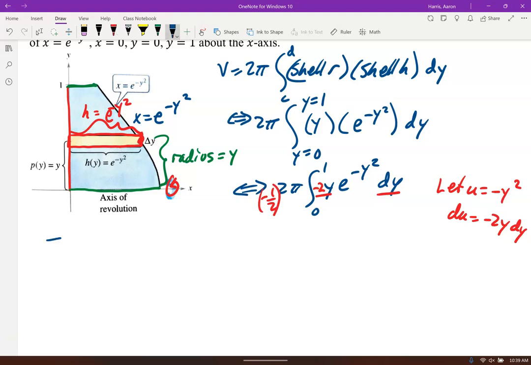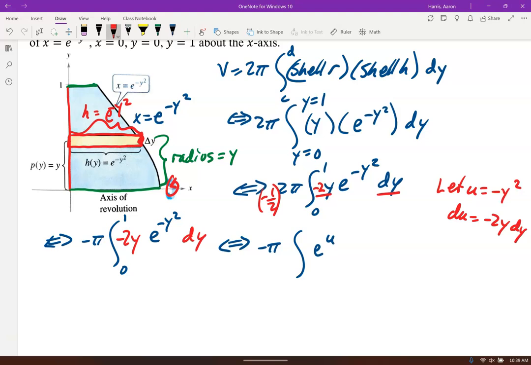So it looks like we have negative pi, 2y dy e to the negative y squared, y being 0 to y being 1.